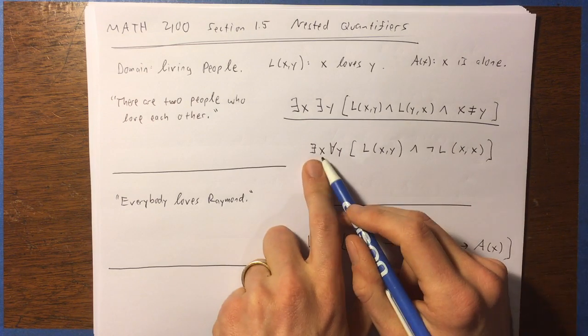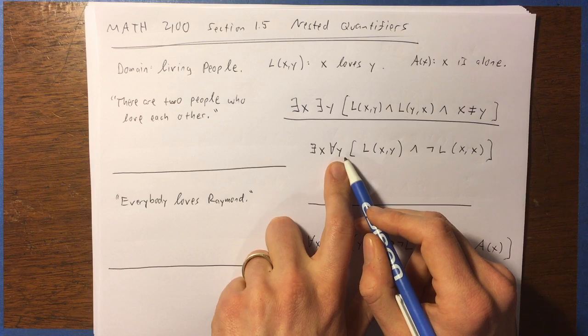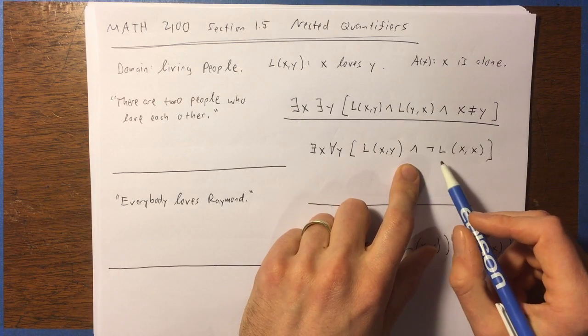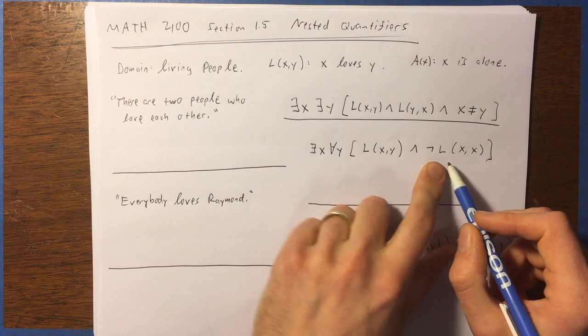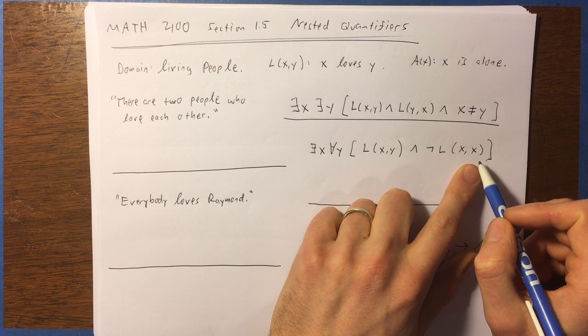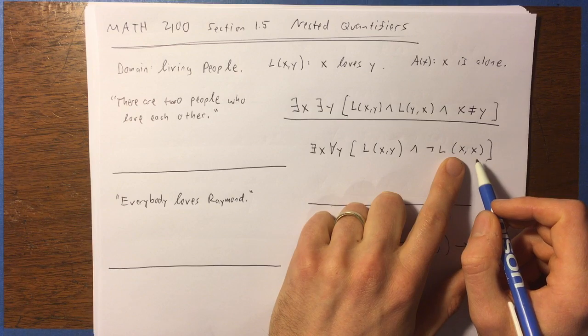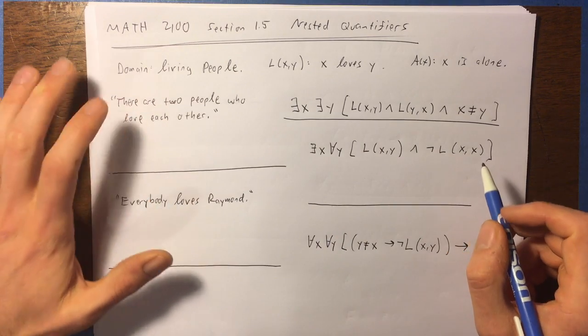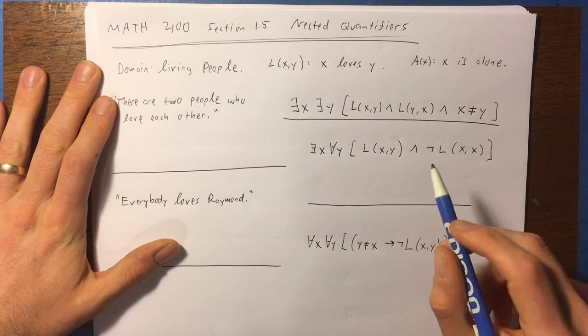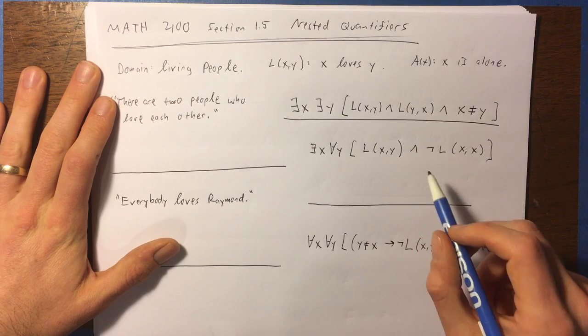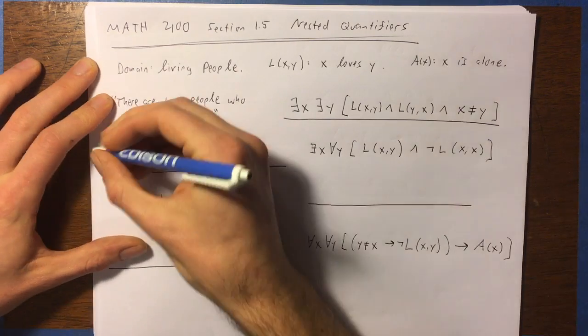So there's a person such that for all people Y, X loves Y, but X doesn't love X. Okay, so I think what this is saying is that there's a person who loves everyone except themselves. That's what I'm going to write over here.